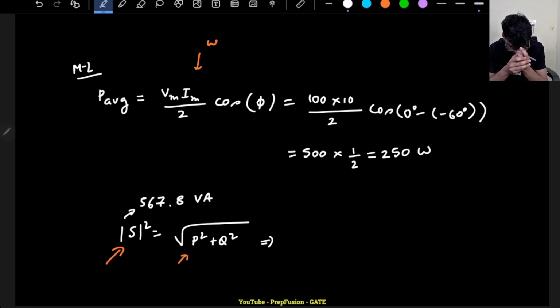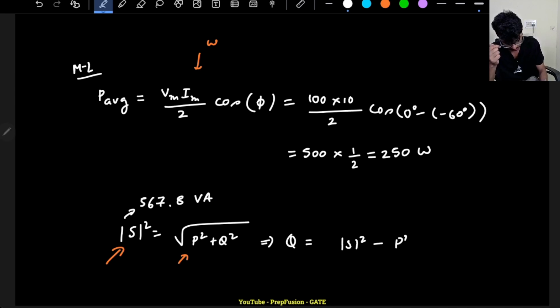567 volt ampere. Now, few teachers and few students also, I'm not blaming any teacher, but a few teachers I have seen, they write that Q is equal to S square minus P square, whole under root. Now this is actually wrong. Why?